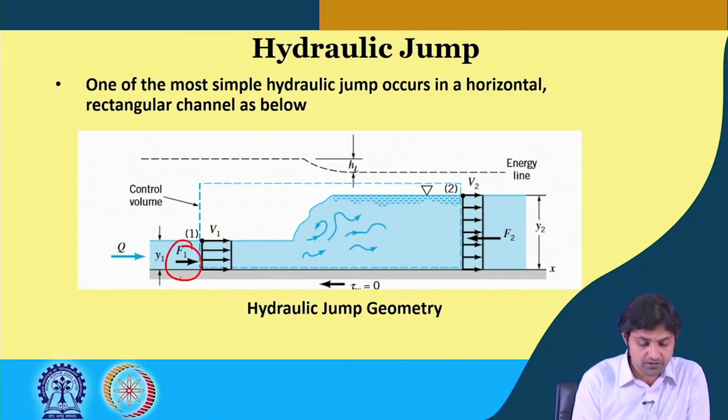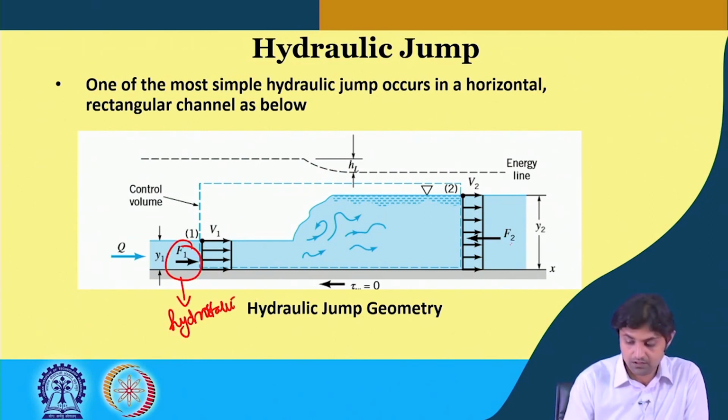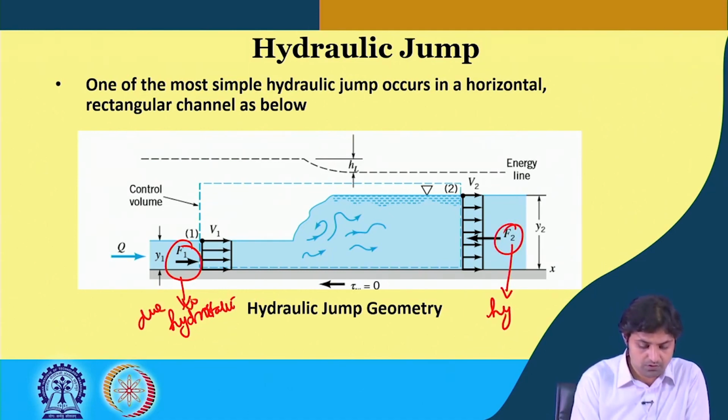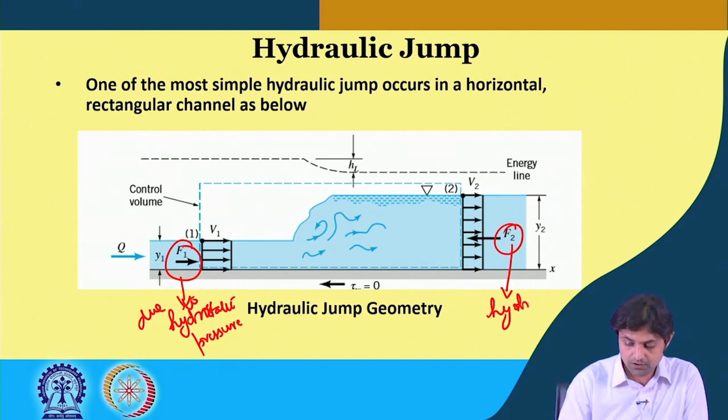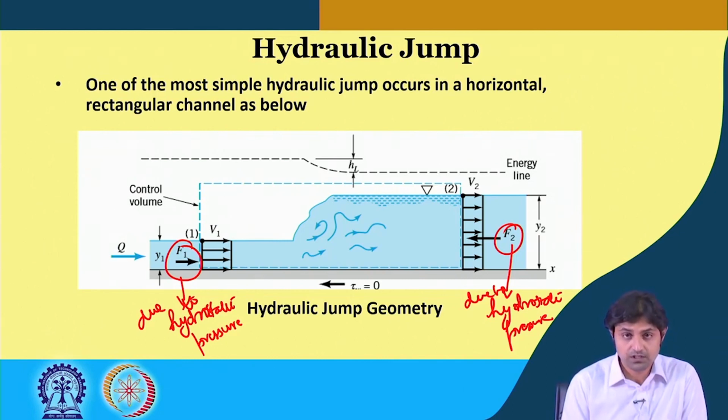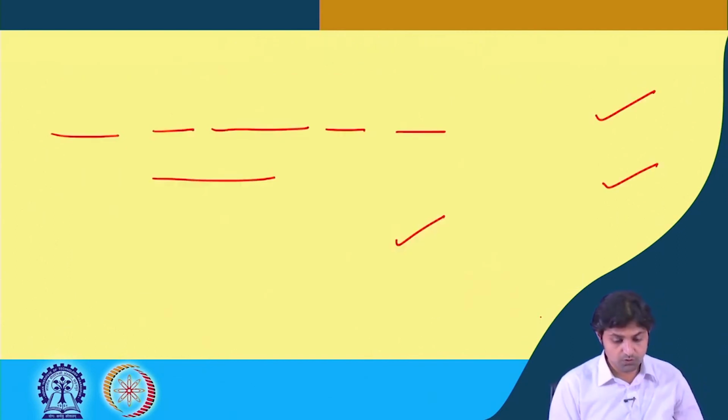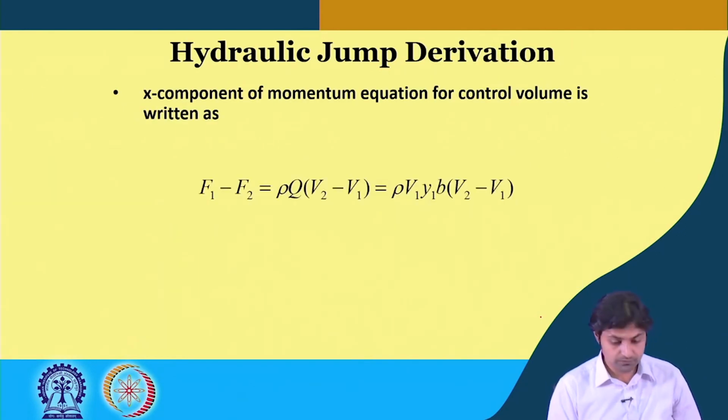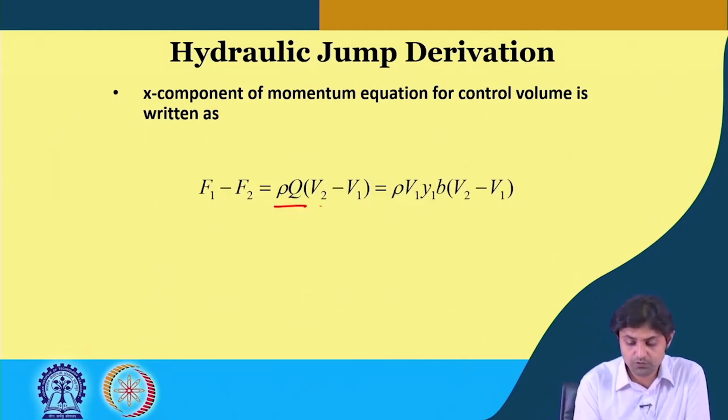This pressure force F1, and this is also due to hydrostatic pressure. So, F1 minus F2 will be rho q, flow rate, into V2 minus V1.